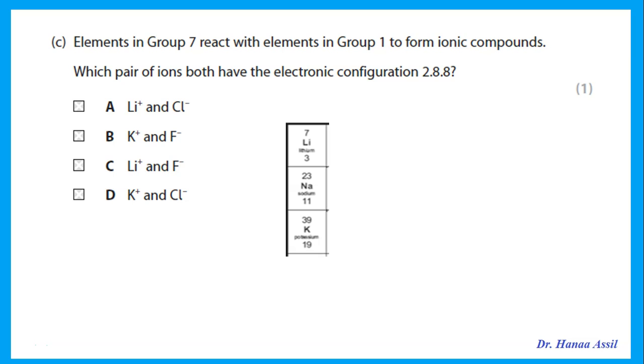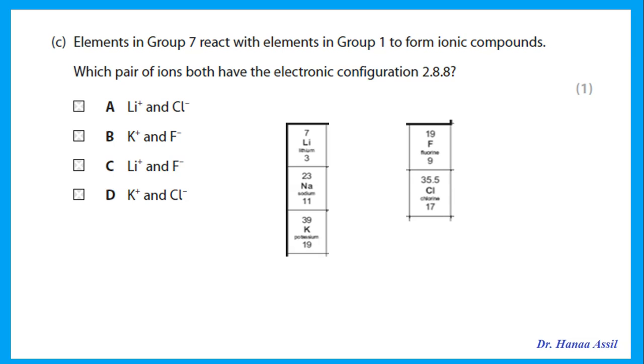Is it lithium Li plus or K plus that would have 2,8,8? Remember, lithium has atomic number 3, so that's just 2,1. If it loses the outermost electron, it's just 2. But potassium is atomic number 19, so when it loses the electron, it becomes 2,8,8. So my choice is K plus.